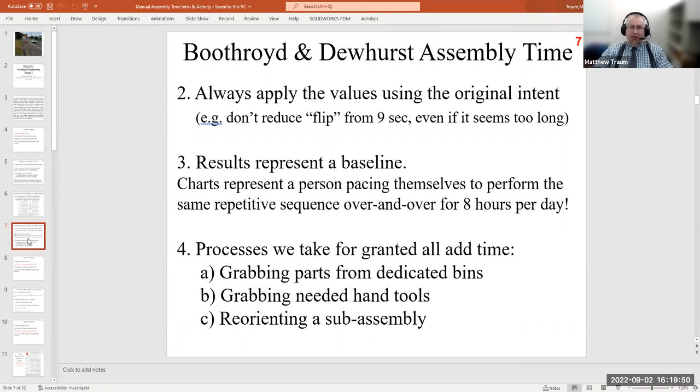There are a couple of reasons for this. One, these guys observed literally tens of thousands of assemblers doing these processes over and over again, and these numbers represent an aggregate value across all those different observations for that particular process. So it is statistically pretty accurate. And also, at least for initial costing purposes, it's always better to overestimate rather than underestimate, right?